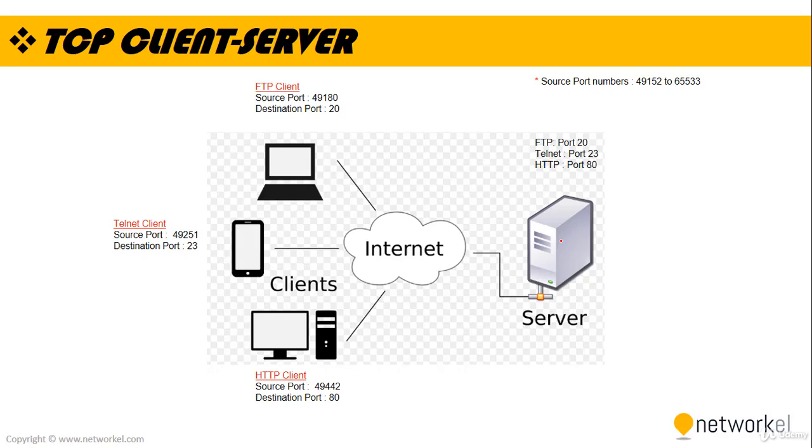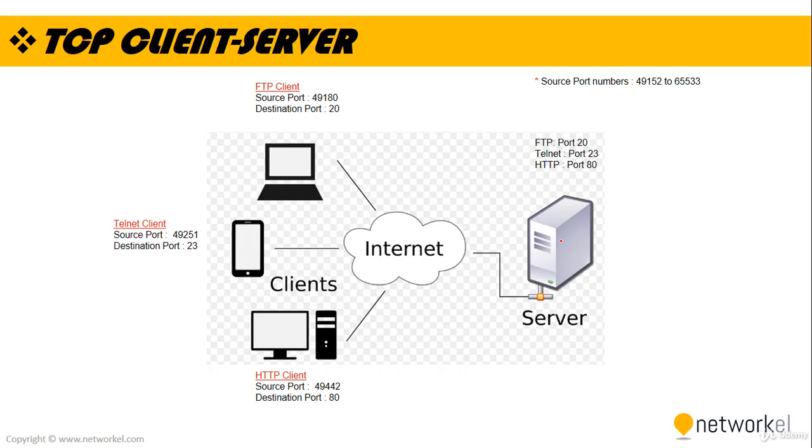So, let's talk about the TCP and UDP details now. The client-server model is a distributed application structure that partitions tasks or workloads between providers of a resource or service called servers and service requesters called clients.